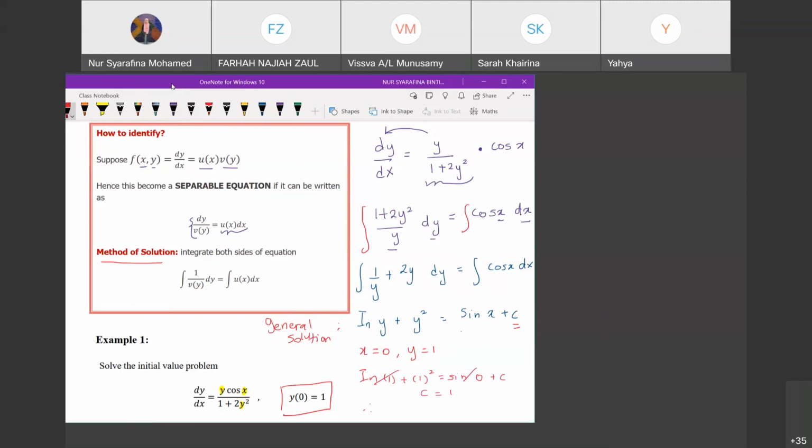Then your particular solution is ln y plus y squared equals sine x plus 1. Once you've obtained the value of c, just substitute back to your general solution. Okay, clear everyone? Yes, sir.